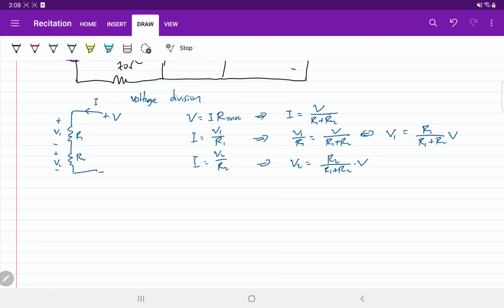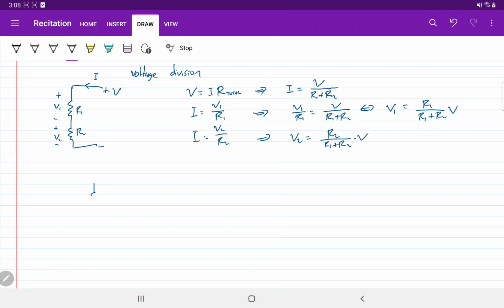How about current division? We have current. So for current division, we have two resistors R1 and R2 in parallel, right? Plus minus. Again they have the same voltage.